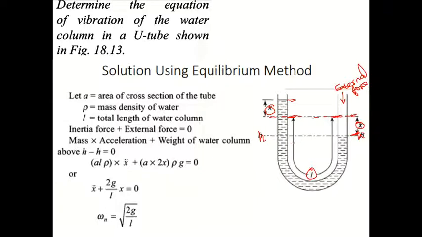I told you they have applied some external force, because of that water has been raised on the other side. So finally the water column is in equilibrium. If they apply some external force, the column will experience some inertia force.